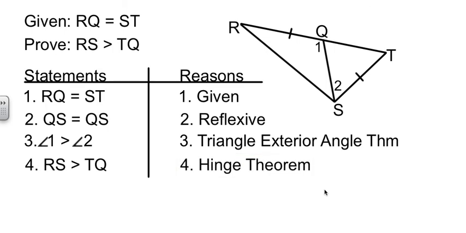The angle is greater, therefore the side is greater. Okay? Piece of cake, right? It's very similar to what we did with the one triangle case. Bigger angle makes bigger side makes bigger angle. You just have to do the extra piece of making sure you have two sets of congruent sides to be able to talk about it.